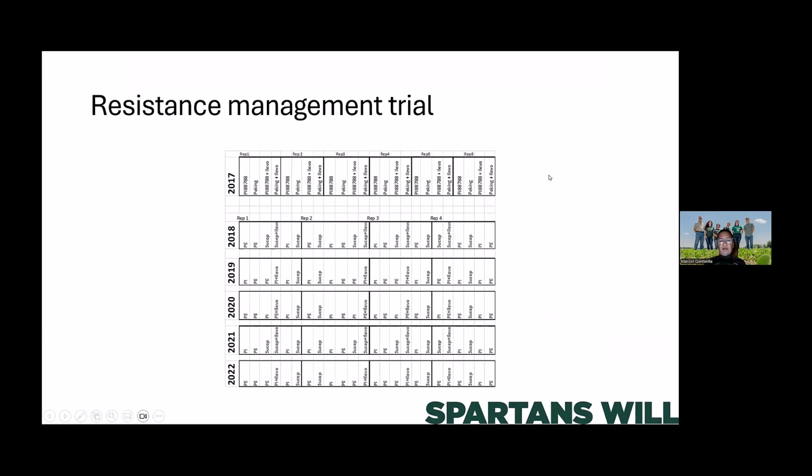After this trial, we found that if you use Peking back to back, the resistance breaks down quickly. But in the first year, it works really well, and it increases yield and reduces nematode, but it doesn't last forever.